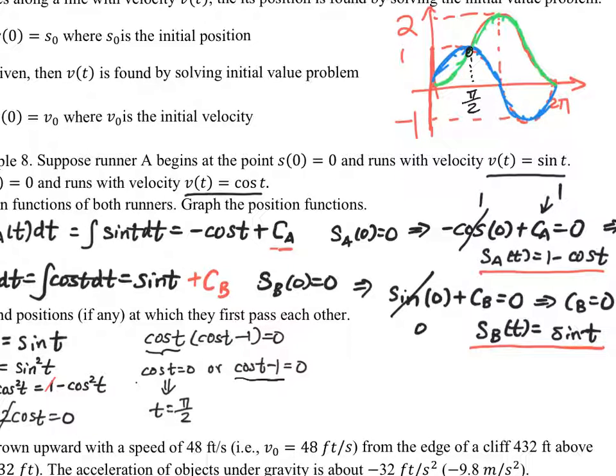When cosine t minus 1 is equal to 0, which means cosine t is 1, t is equal to 0 or 2 pi. But 2 pi is the endpoint here, and 0 is where they start, so those are not the solution. Therefore, the first time they pass each other is t equals pi over 2.